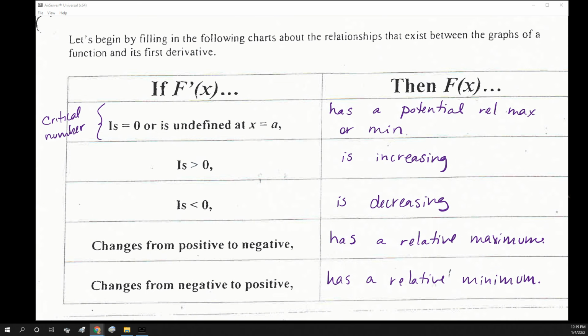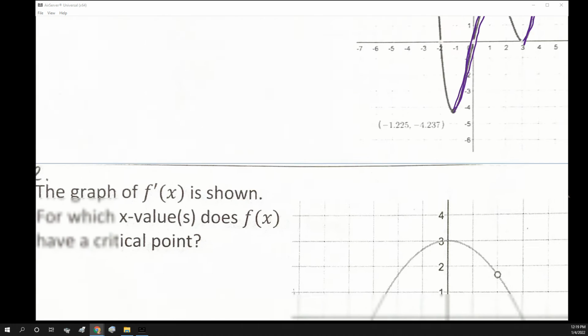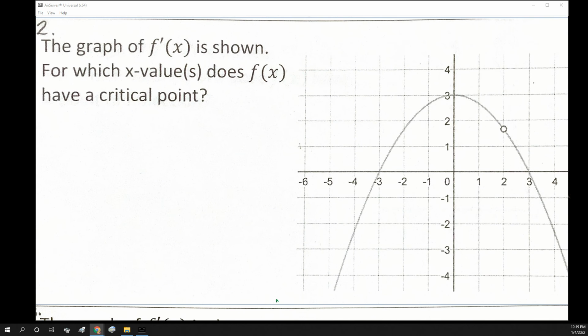A critical point is when f prime is either 0 or undefined. This graph of f prime is 0 at -3 and 3, and undefined at 2, because I have that open circle there. So those are the critical points. If we have the graph of f prime, we're looking to see where the graph is 0 or where the graph is undefined.